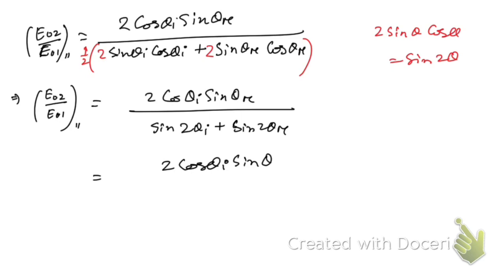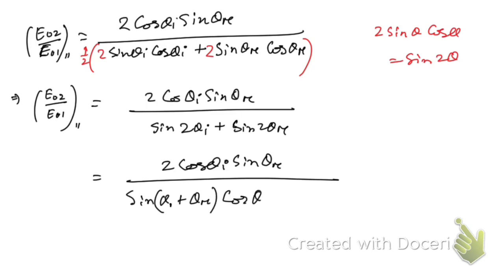And this is nothing but, if we use the trigonometric identity, this is equal to sin of theta I plus theta r into cos of theta I minus theta r. This is nothing but a trigonometric identity, so remember that.